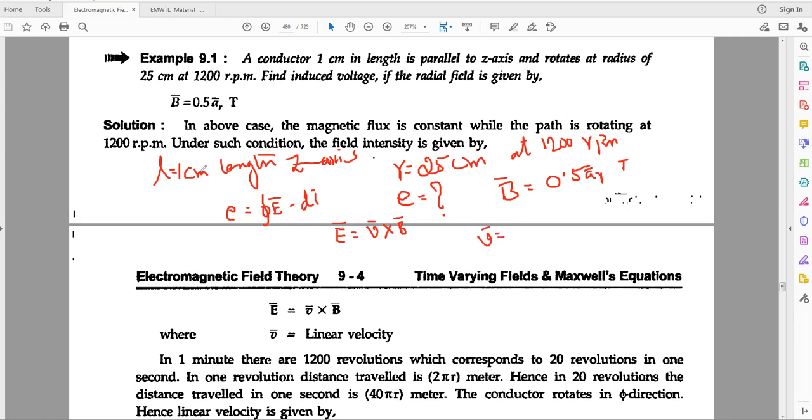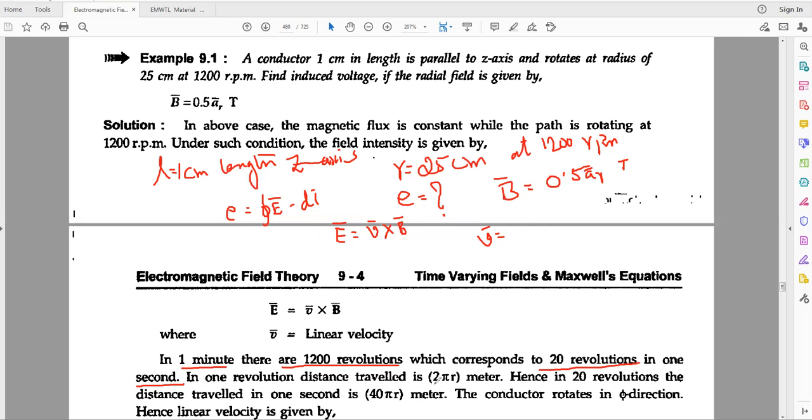V bar is obtained from the given R of 25 centimeters at 1200 RPM. In 1 minute there are 1200 revolutions, which corresponds to 20 revolutions in 1 second.